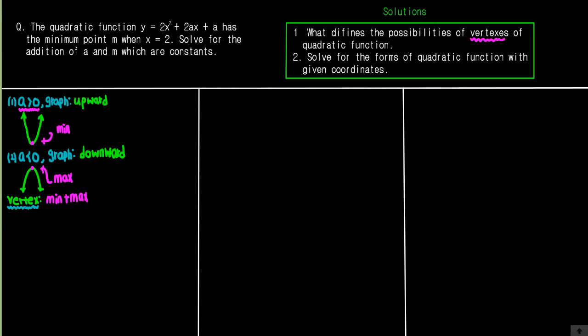So the vertex includes these two kinds of possibilities in the quadratic function. Let's also visually prove this statement through our question.